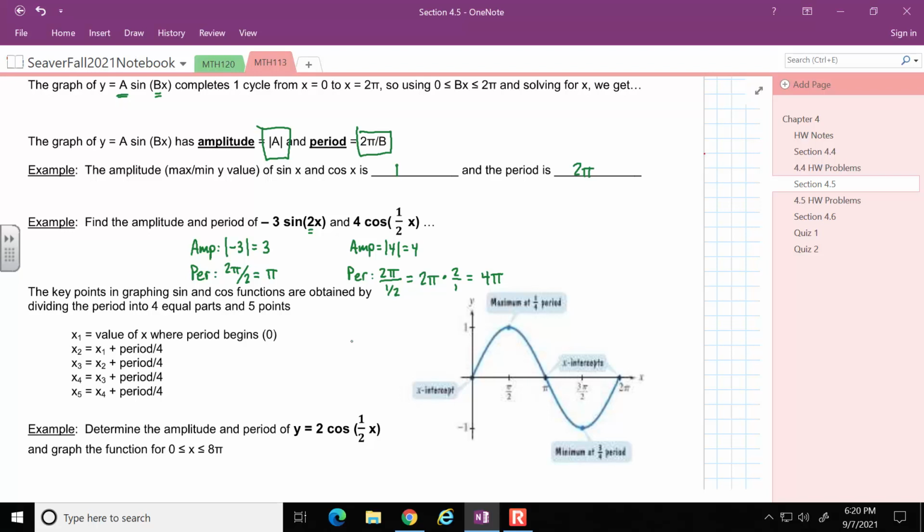If I take that 2 pi and divide it into intervals, basically saying I want to divide it by 4, then I'm going to take my period, divide it by 4, and add it to my first point. My second point is going to be my first point plus that pi over 4. My next one is going to be the period divided by 4 plus my previous point. And I keep going until I get to that last point. It might not make much sense, but let's try to do one of these, and hopefully it'll make more sense.